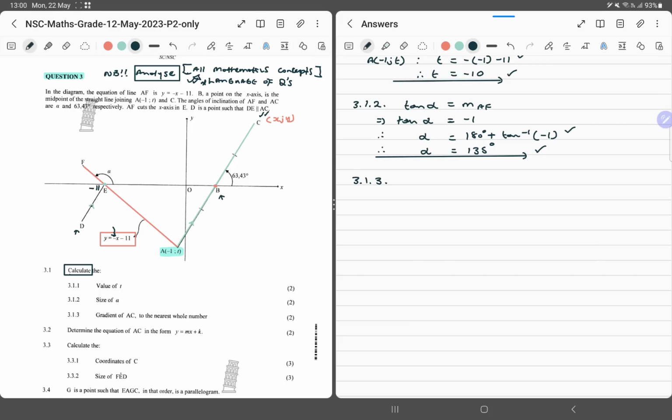Now the next question says calculate the gradient of AC to the nearest whole number. Okay, so it's easy because we know that the gradient of AC is going to be the tangent of the, what is that angle? 63,43 degrees. So this one is very nice.